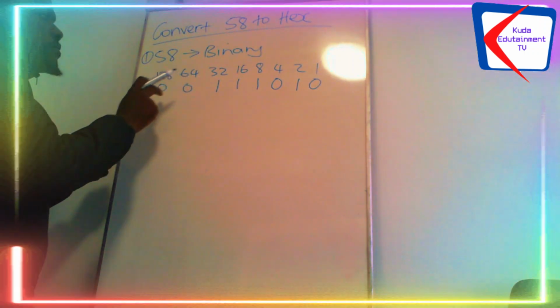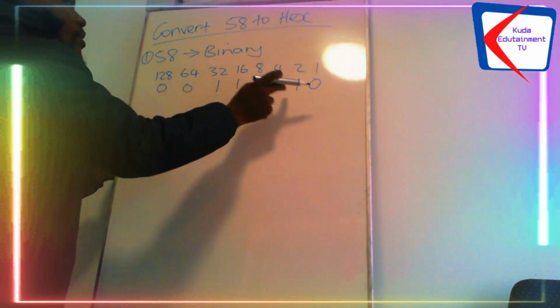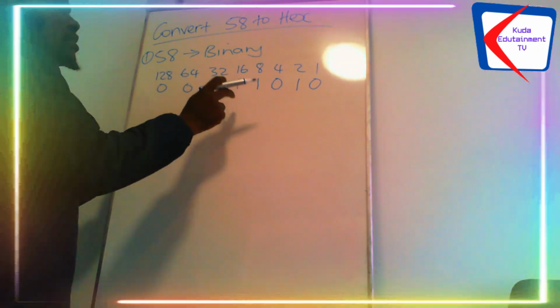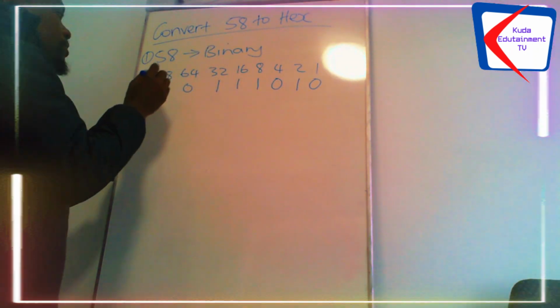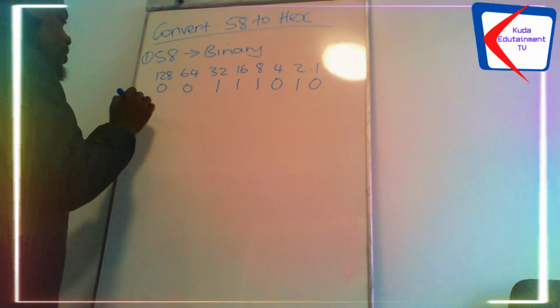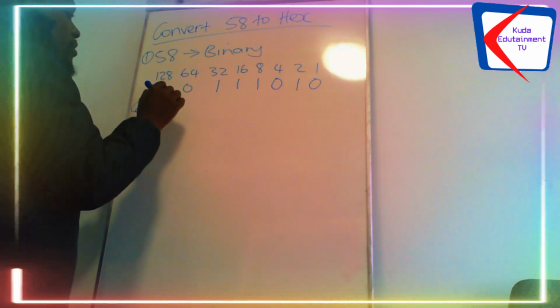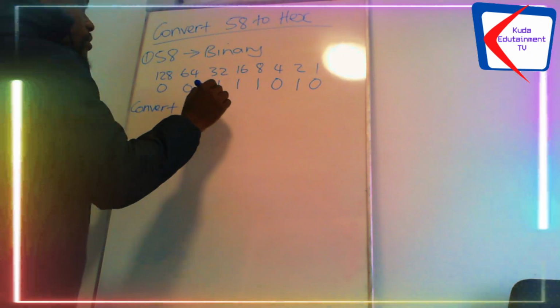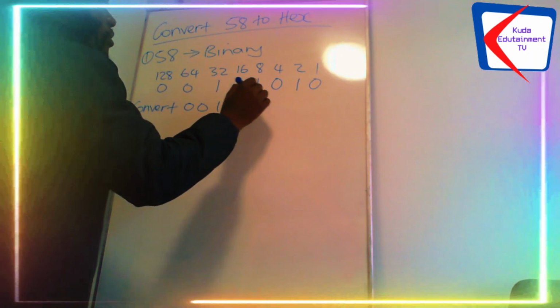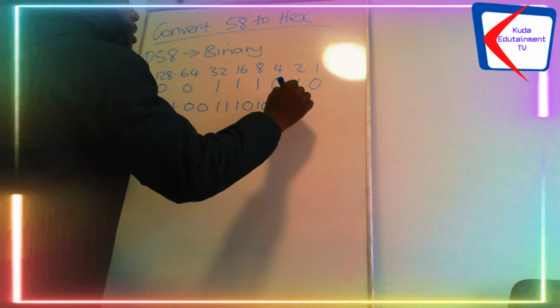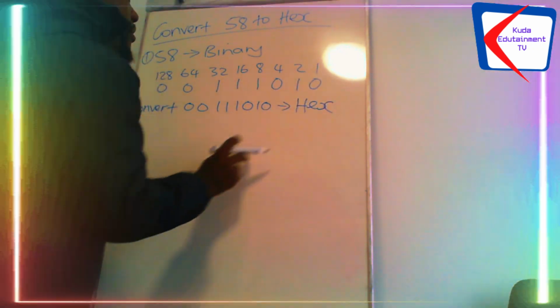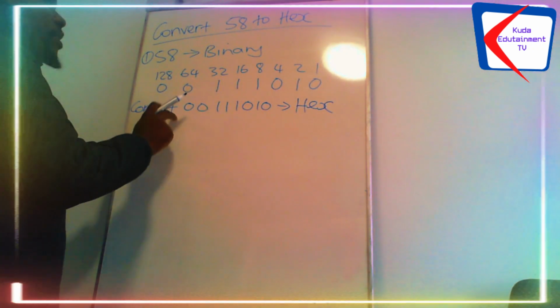Then we now need to convert this binary to what? To hexadecimal. So now we convert 00111010 to hexadecimal. Right. So the method is the same.